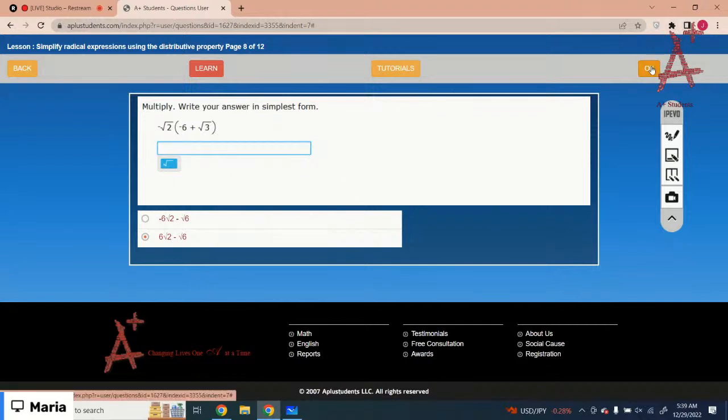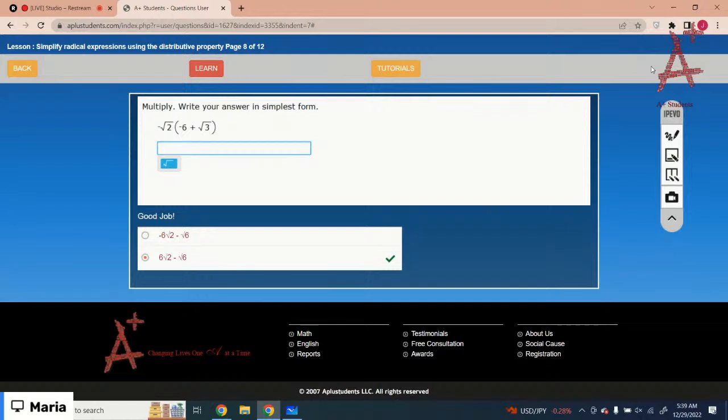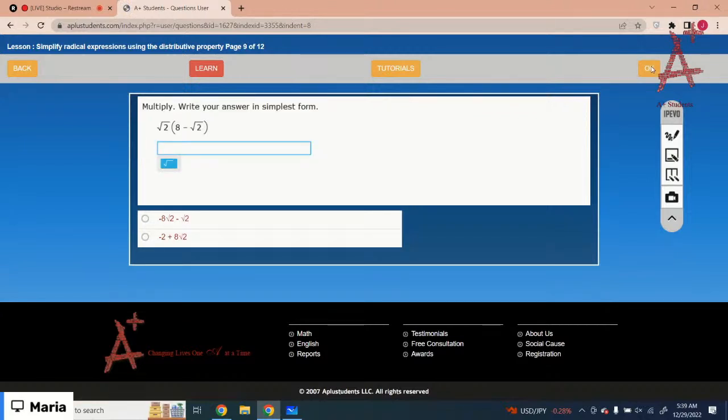Got it? So which of the option is the correct one?